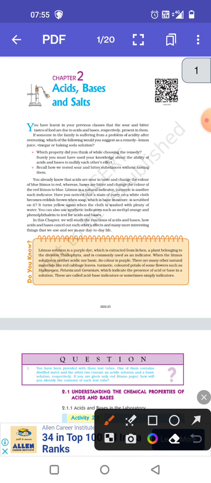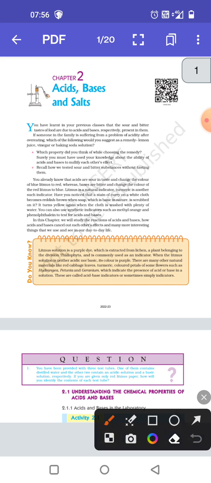Before we start the chapter, we have to know when we see a chemical, how can you know the nature of the chemical? Whether it is acidic, basic or neutral. How can you know that? We have to test, we have to examine, we have to experiment.